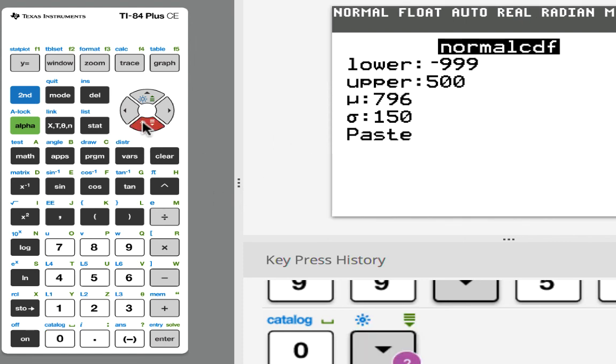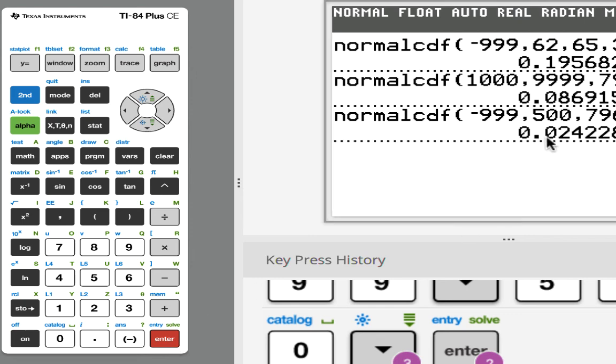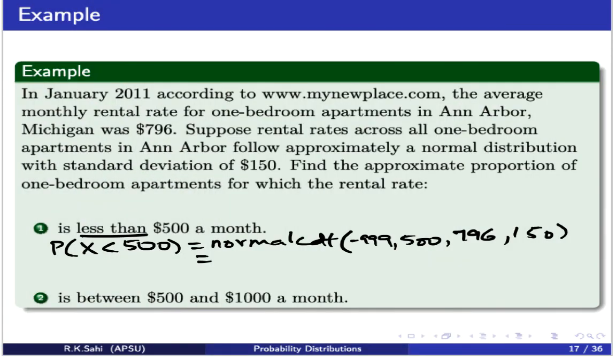Just take the cursor to paste and then press enter and enter. What do we get? 0.02422. Okay, let's write that down. So the answer is 0.02422.